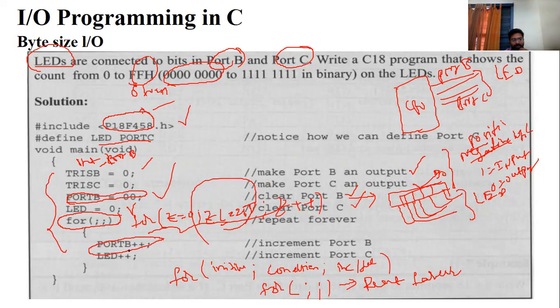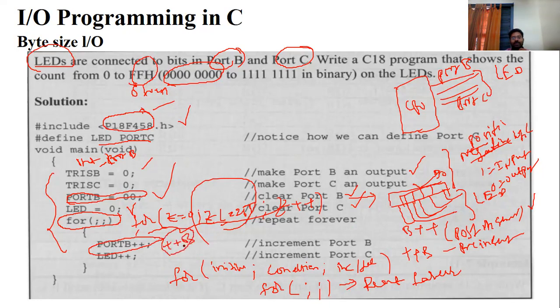So that's why this port B is incremented. B plus plus is called a post increment. If they had given plus plus B, that would be the pre increment, where it is incremented before execution of the instruction.